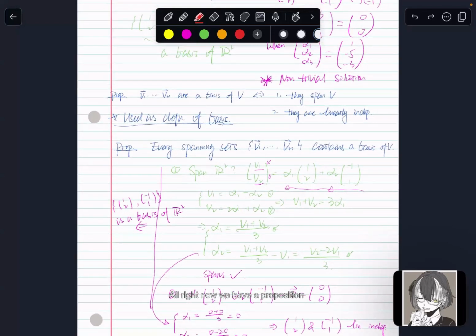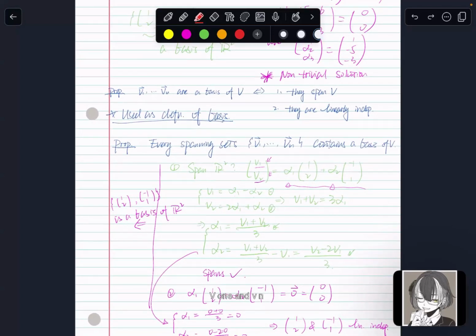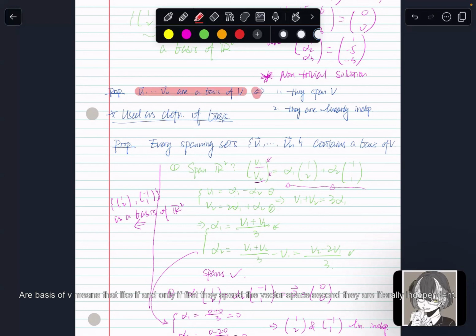Now we have a proposition. V1 through Vn are a basis of V if and only if, first, they span the vector space, and second, they are linearly independent. So this is usually used as a definition of basis.